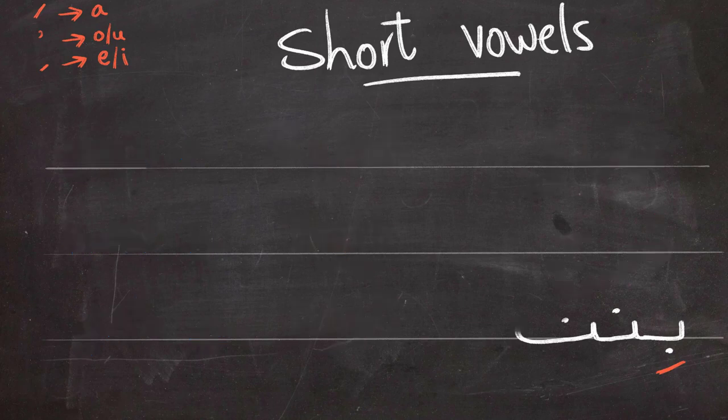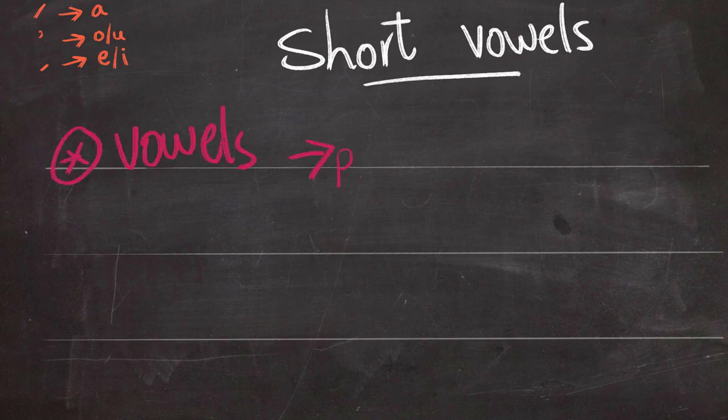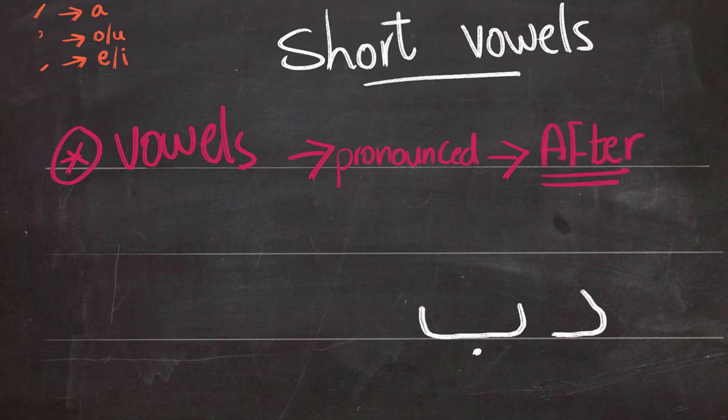So another rule that a lot of people could miss or mix up is that short vowels are always pronounced after the letter, after the consonant. So, for example, a word like dub, you can see that the sign of dhamma is on top of dal.